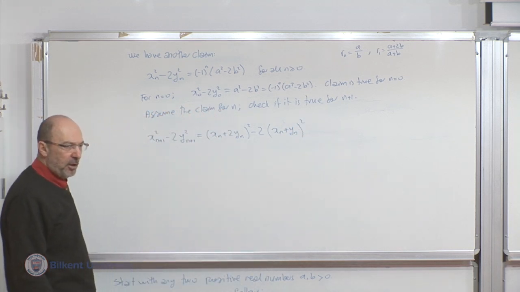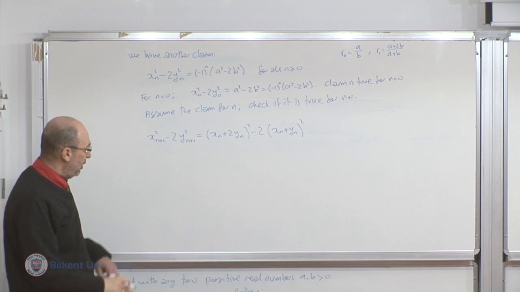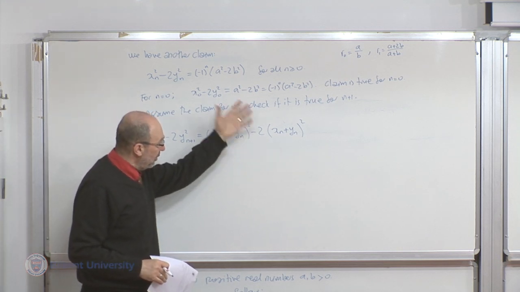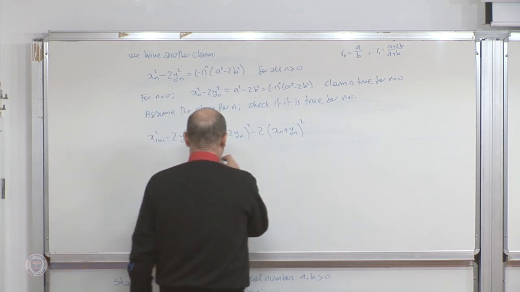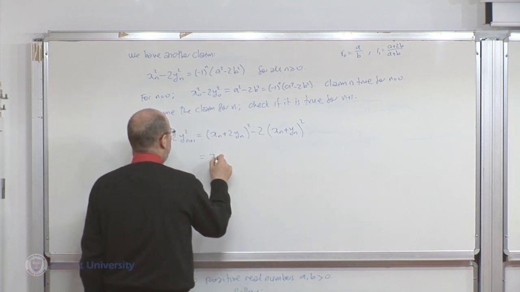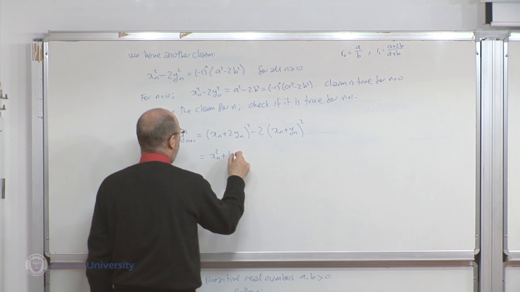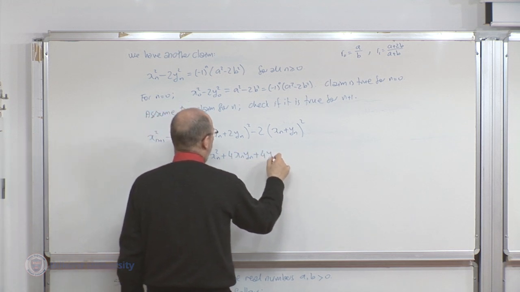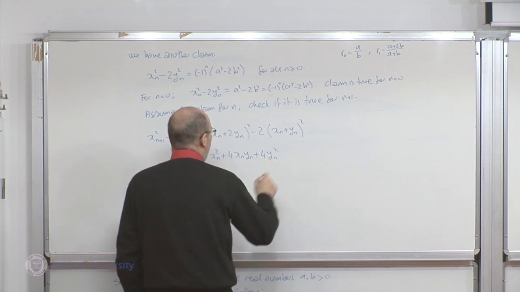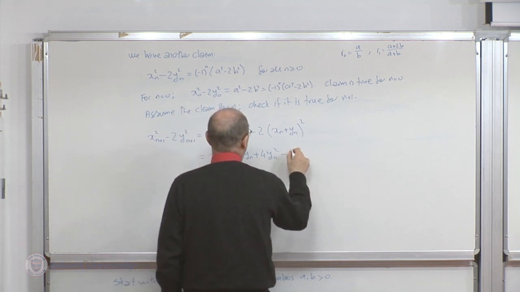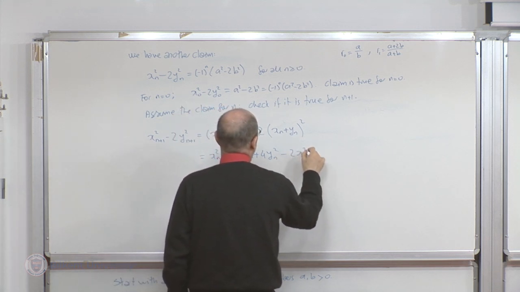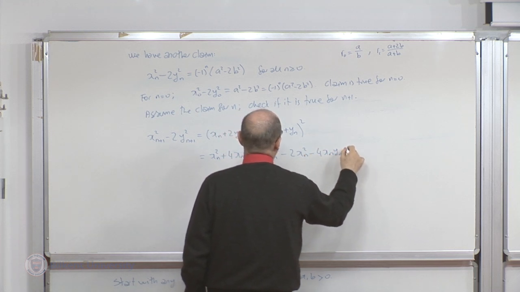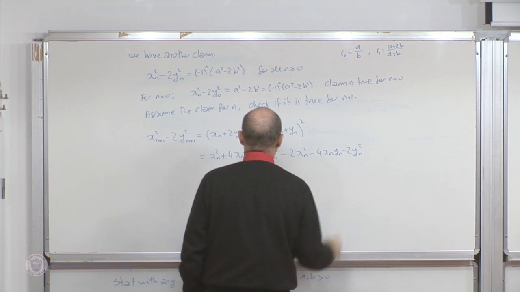So we reduced it to the previous case. Now, if there's a relation among these, I'll be done. So let us write this: xn² + 4xn yn + 4yn² − 2xn² − 4xn yn − 2yn².